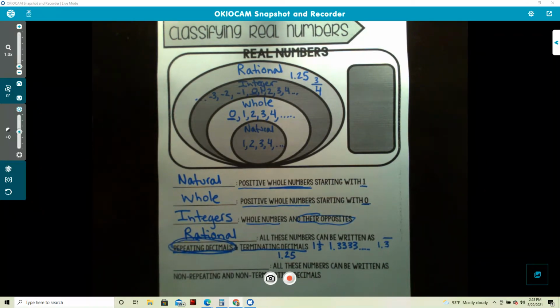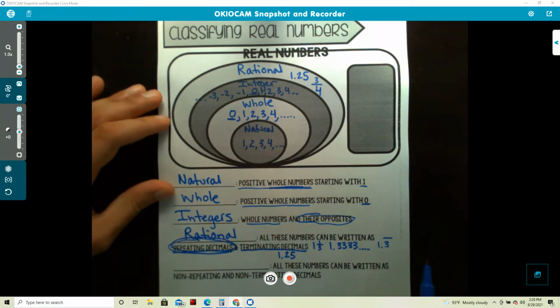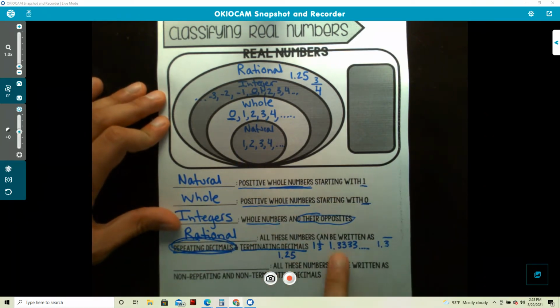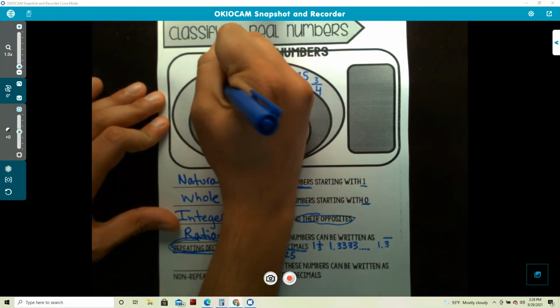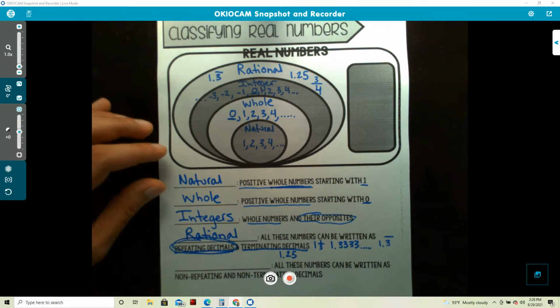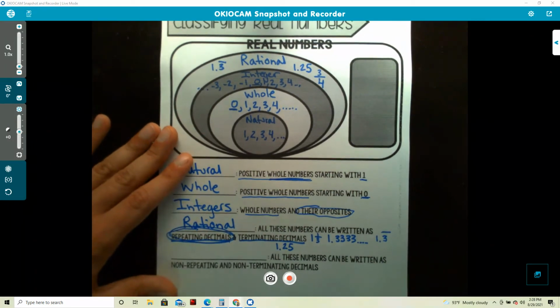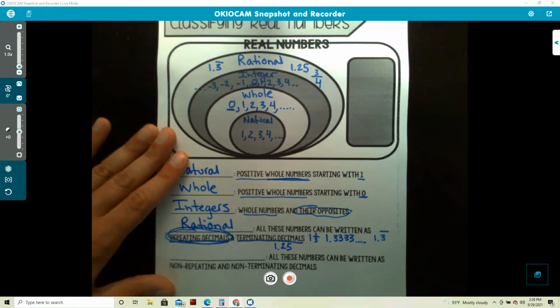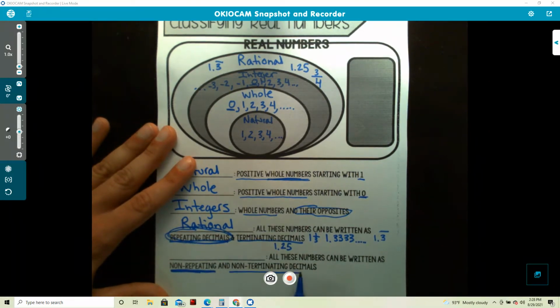So you always want to convert everything to a whole number or decimal first. And also the repeating one, like 1.3 bar, anything that's repeating, that's also a rational number.